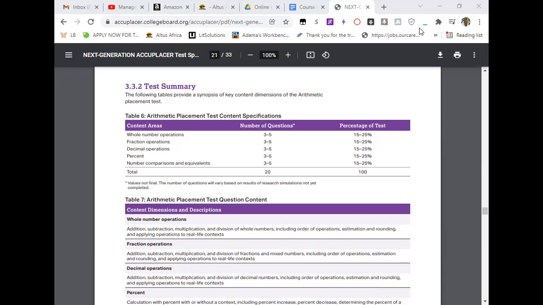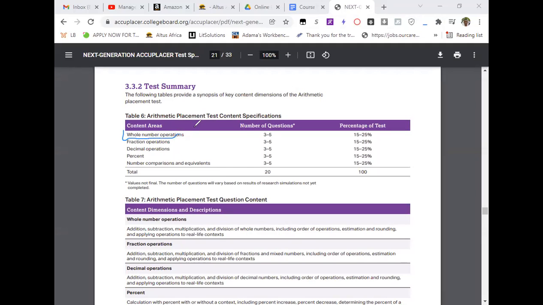So let's take a look at what is inside the arithmetic section. The arithmetic is the very first level, which you need to get a certain score so that you can take the quantitative reasoning. There are 5 topics in the arithmetic section, which are whole numbers.